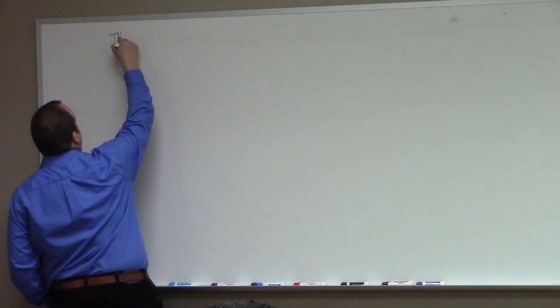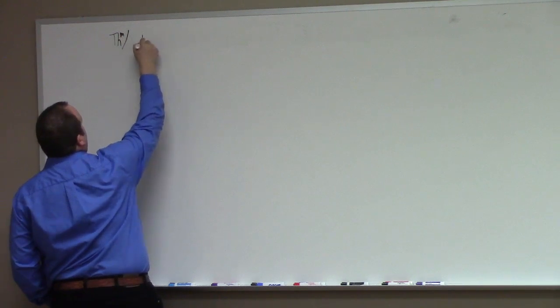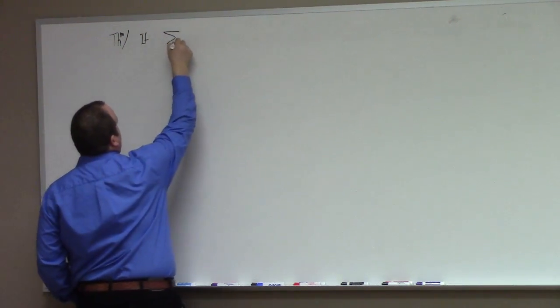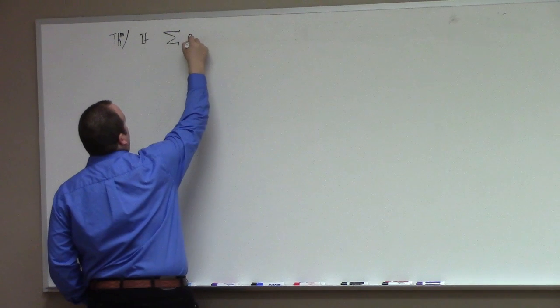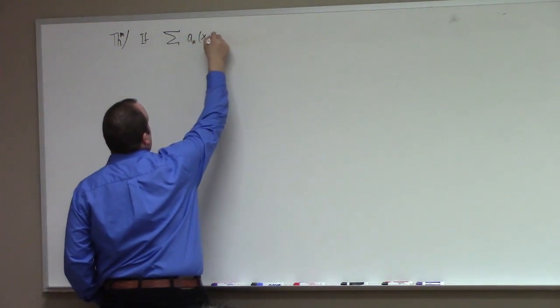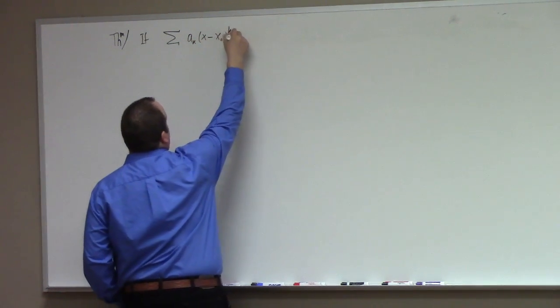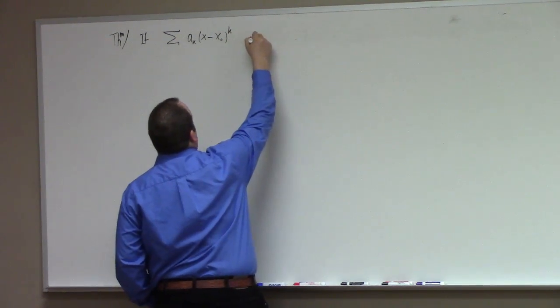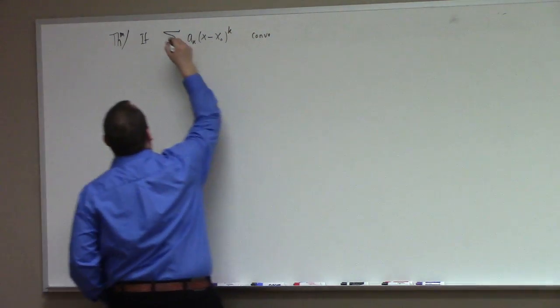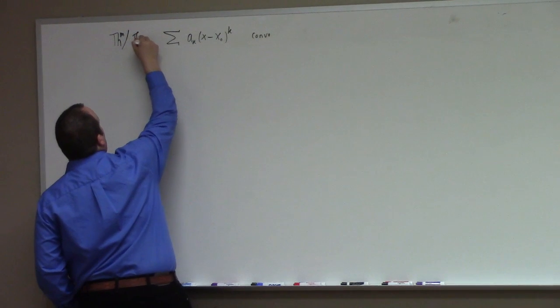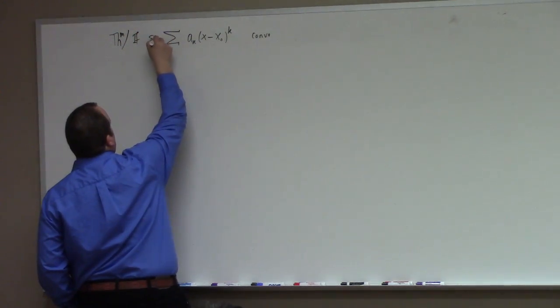The theorem says if you have the sum of a sub k times x minus x naught to the k power, let me give this a name, say s of x.